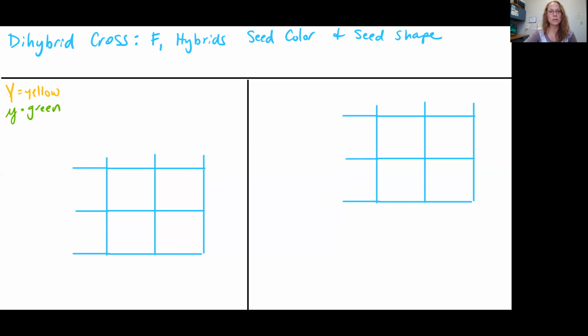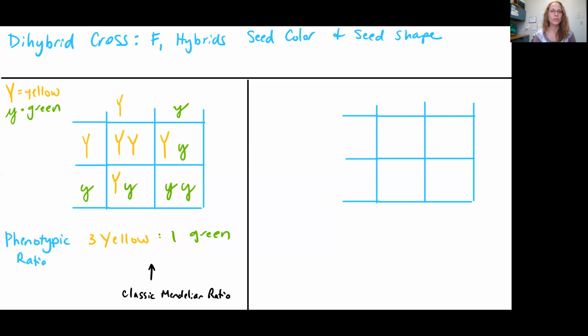So if we are crossing parents that are heterozygous hybrids for color, pause and see if you can complete both your Punnett square and complete your phenotypic ratio. We don't care about genotypic ratio in this case. Here will help you.